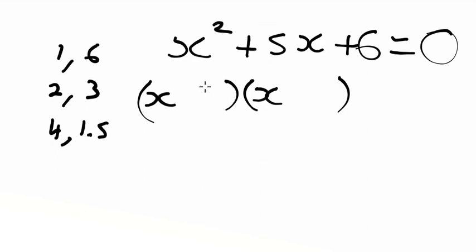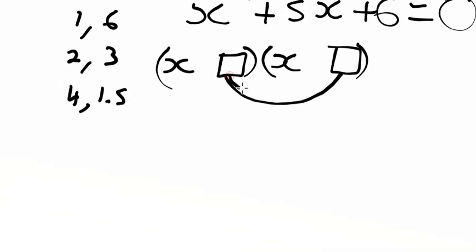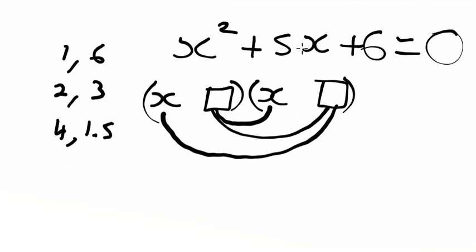Okay, so whatever numbers we pick, they're going to multiply together, this number times this number, and it will make that number on the end there, 6. But this number will also multiply with this x, and this number will multiply with that x, and then they'll add together to make the 5x in the middle.